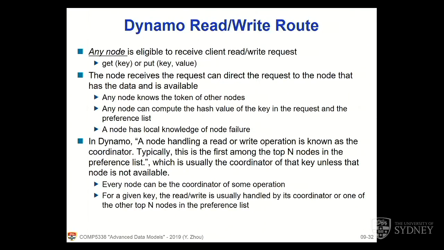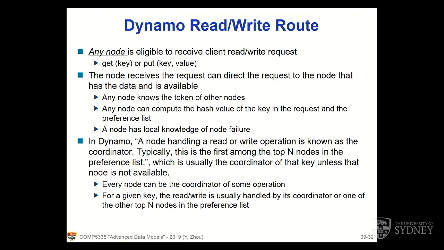Okay, let's see what the read and write route is. First, again, when a client needs to communicate with the cluster, it doesn't need to know a particular node. As long as the client knows some node in the cluster, it doesn't need to know every node or which data is in which node.